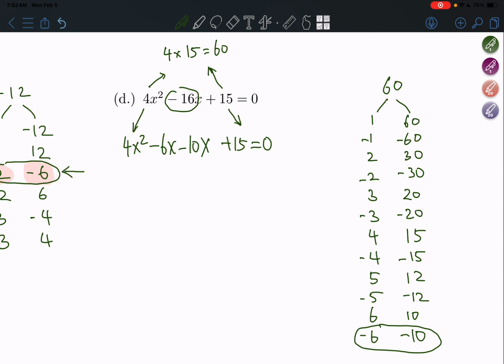Okay, so factor by grouping, focus on the first one. What I see is I have a 2x in common. And what I have left is 2x minus 3. For the next one, I'll put a plus just so I can separate the two here.